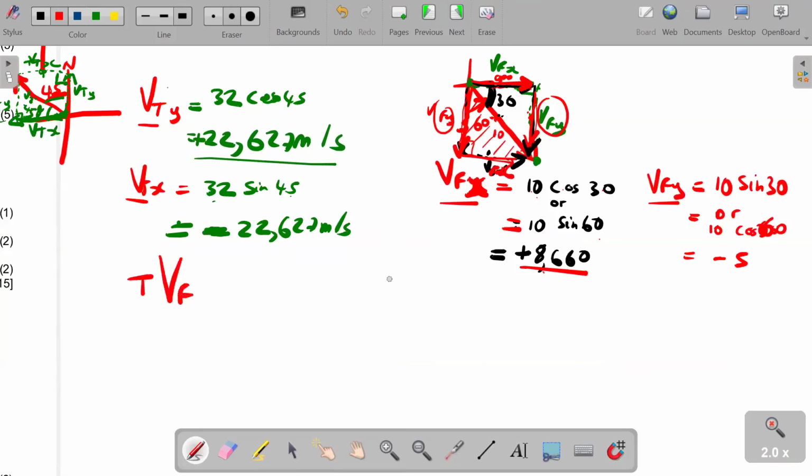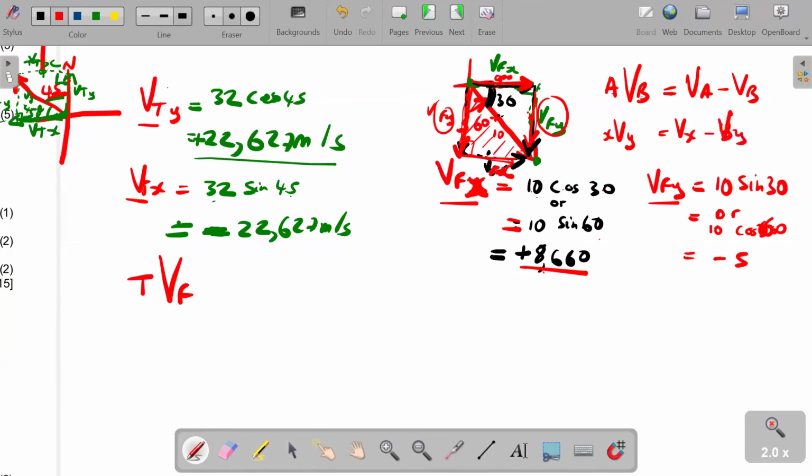Now, the method that I'm using, let it be known that whenever you are calculating the velocity of one object with respect to another, or relative to another, you have to know velocity of A relative to B is equal to VA minus VB. The velocity of X relative to Y is equal to Vx minus Vy.